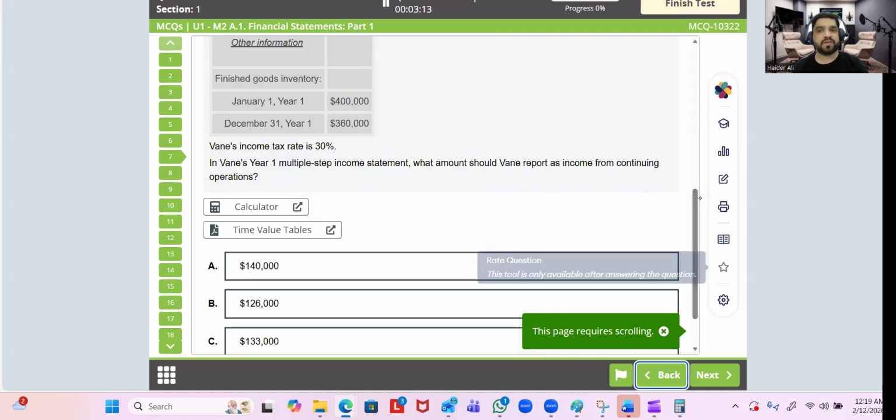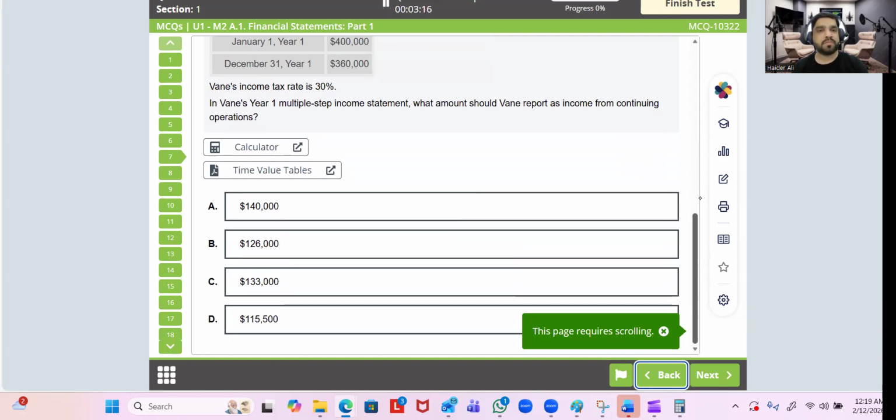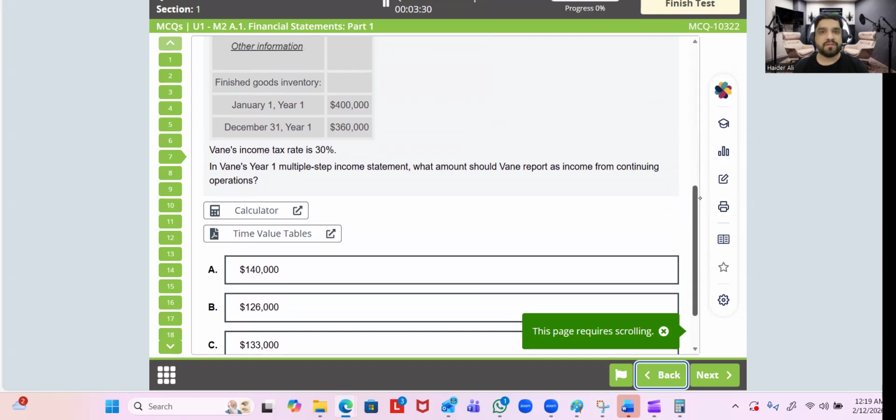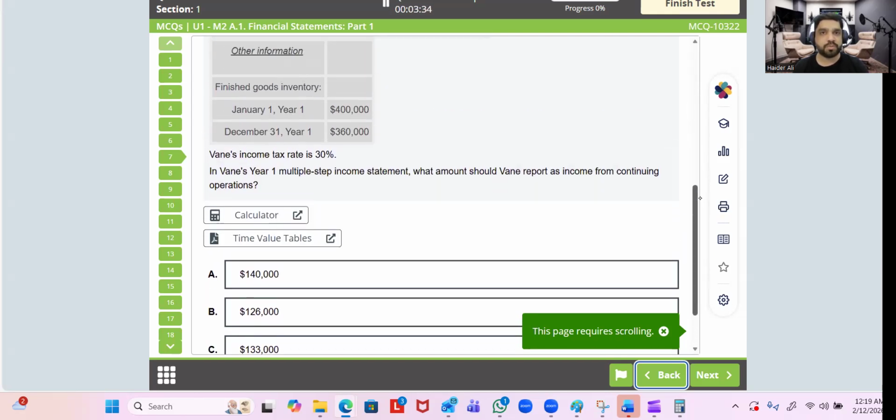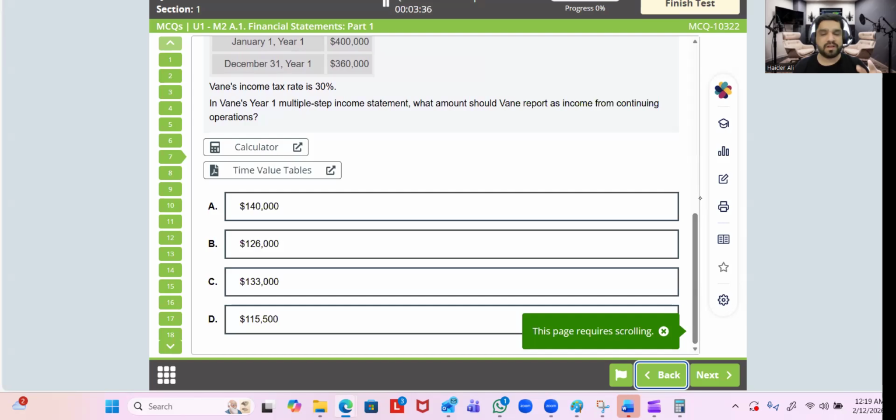The question is asking you, what is the company's year one multiple step income statement? What amount should Wayne report as income from continuing operations? All the information given to you is income or expenses from continued operations. There is a very easy way to solve this question.